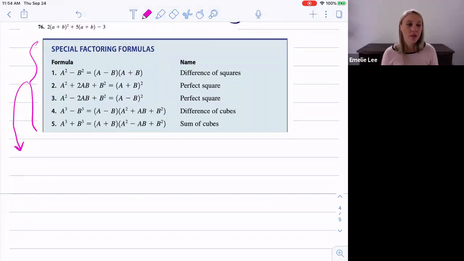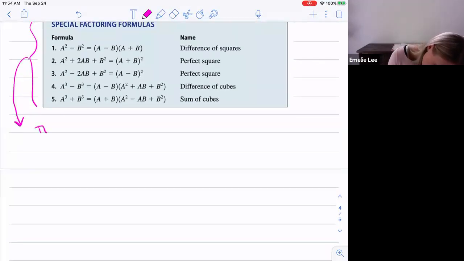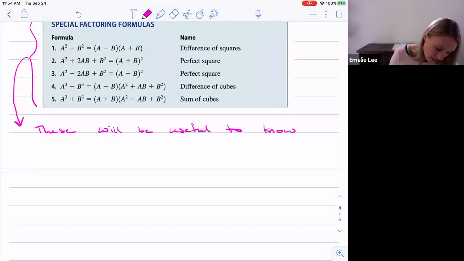These are going to be very useful to be able to recognize and know the patterns. They're exactly like the special product formulas, but for factoring, it's going to be a lot easier. So these will be useful to know and recognize.